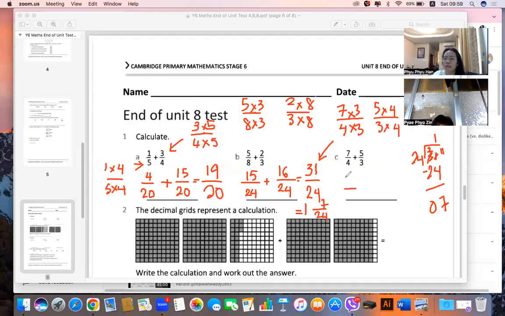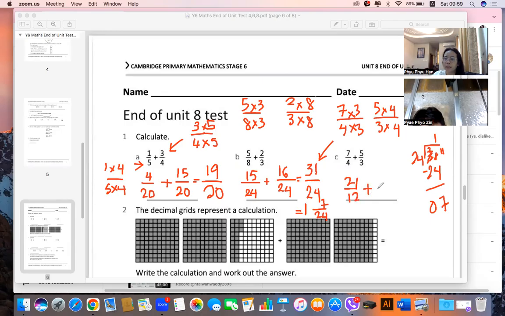Now 7 times 3, what do we get? 21. 4 times 3, 12. 5 times 4, 20. 3 times 4, 12.